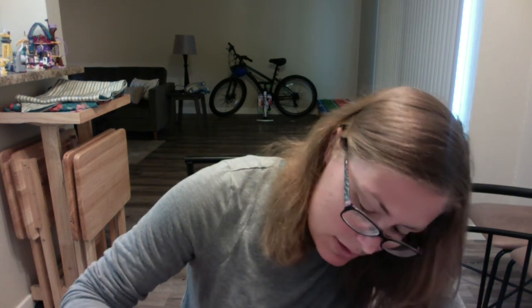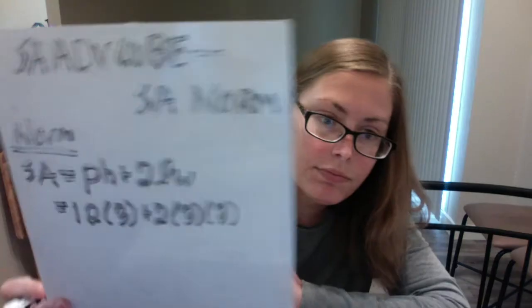Starting with the normal, our surface area is equal to our perimeter times our height plus 2 times our length times our width, which is equal to 12 times 3 plus 2 times 3 times 3.